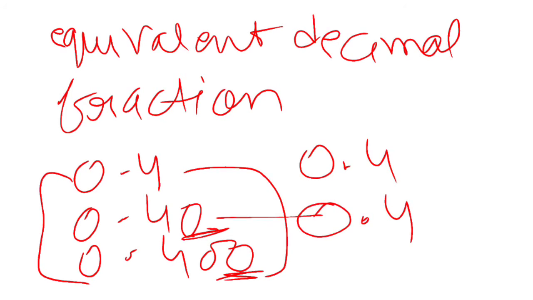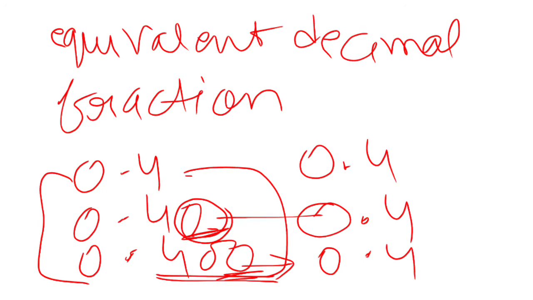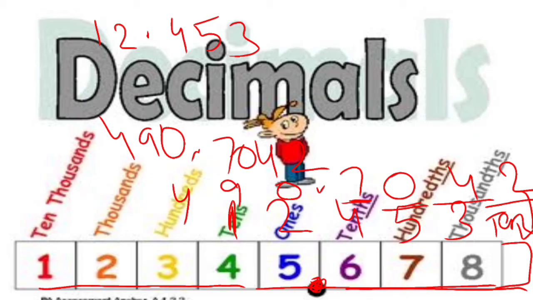There is no effect of a 0 on the right-hand side after the decimal, in the decimal part. We can add it or we can remove it. Okay, and this is also 0.4. So all these are equivalent decimal fractions. Okay, now we are going to cover the topic of comparison of decimal fractions.